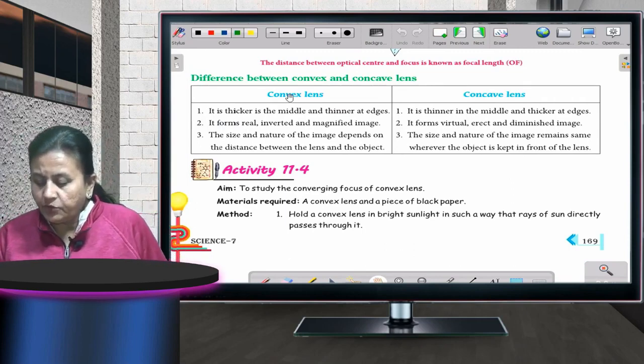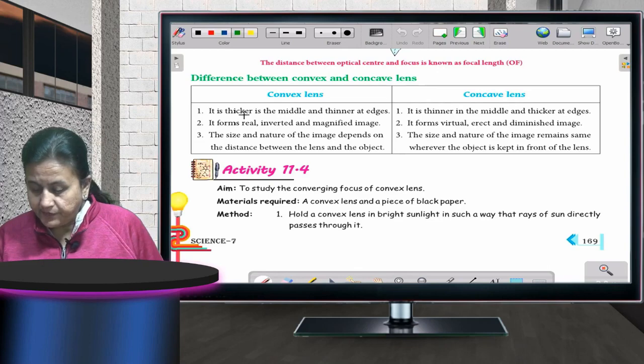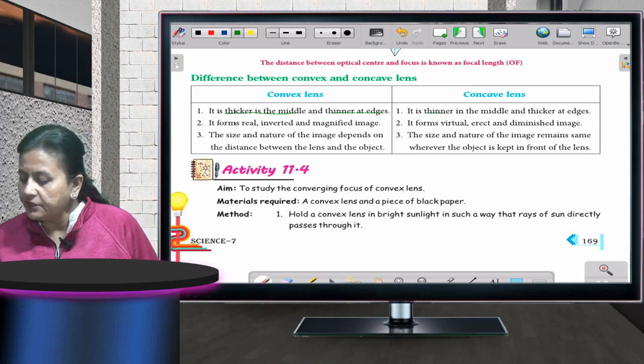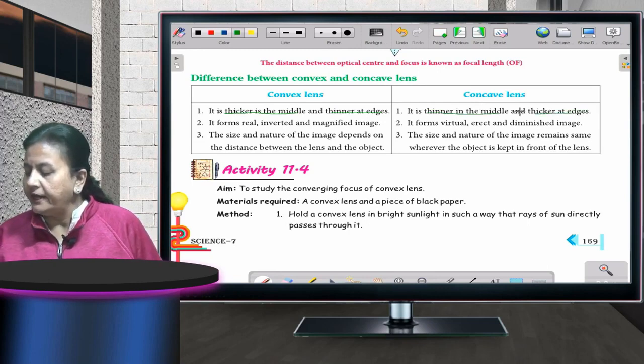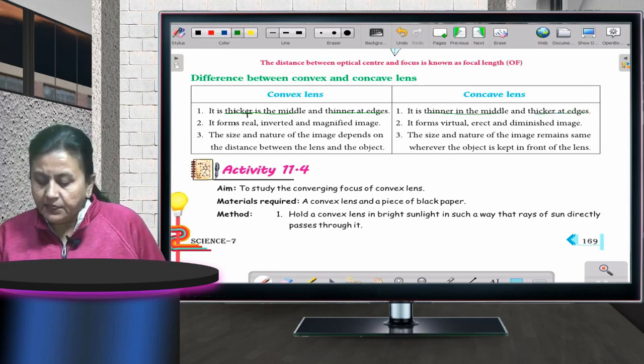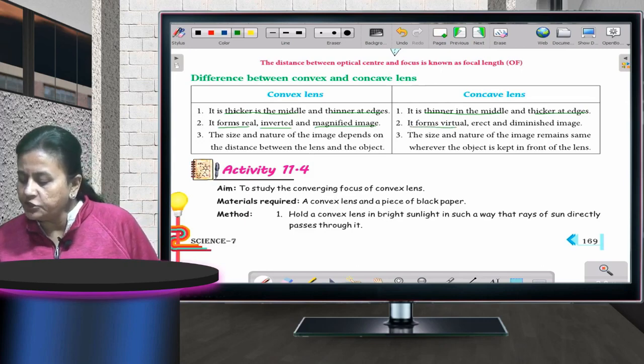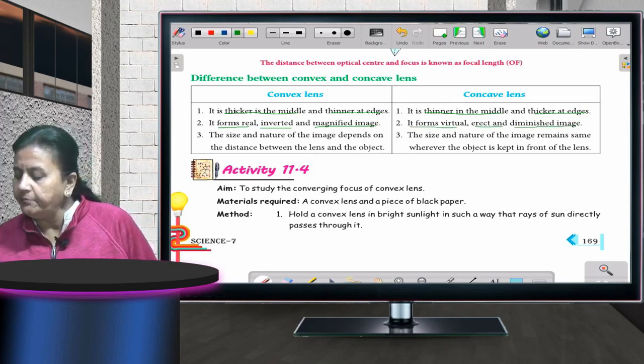As I told you, convex lens is thicker in the middle and thinner at the edges. Opposite of it is concave, which is thinner in the middle and thicker at the edges. Convex lens forms a real, inverted and magnified image. But on the other hand, concave lens forms a virtual, erect and diminished image.